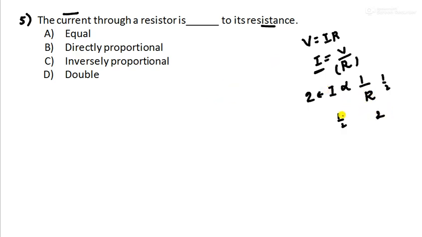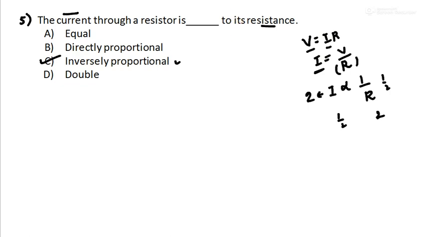So it is inversely proportional to each other. So the answer is option number C, inversely proportional. Okay, what about V and I? Voltage and current are directly proportional, but current and resistance are inversely proportional to each other. Okay, keep that in mind.